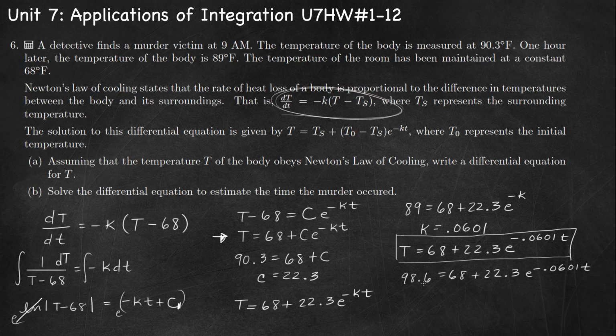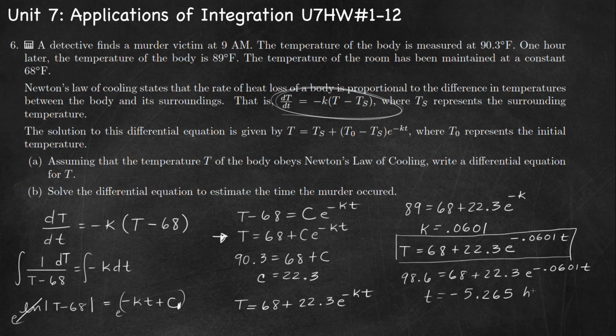So we subtract 68, divide by 22.3, take the natural log of the left-hand side, and then divide by negative 0.0601. And we get t equals negative 5.265.